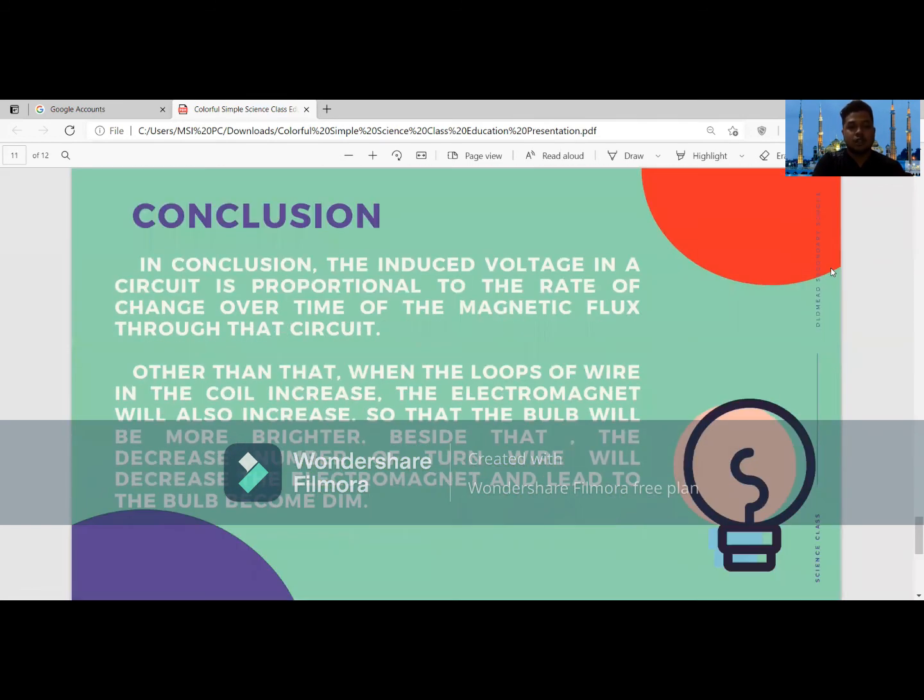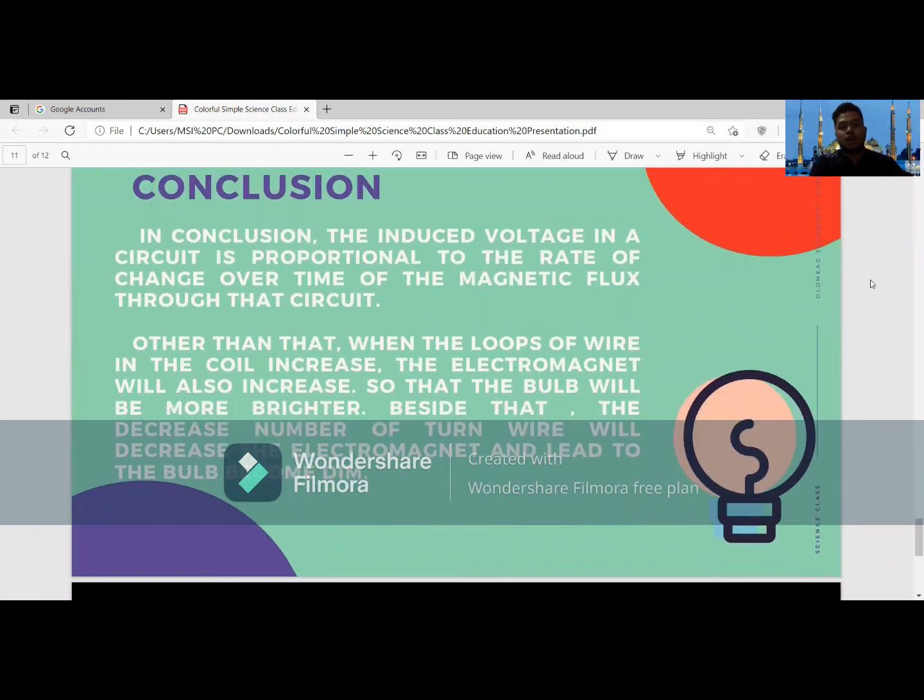So the conclusion is that the induced voltage is proportional to the rate of change over time of the magnetic flux through the circuit. It means that when the rate of change in magnetic flux increases, the voltage or EMF produced in the circuit also increases.